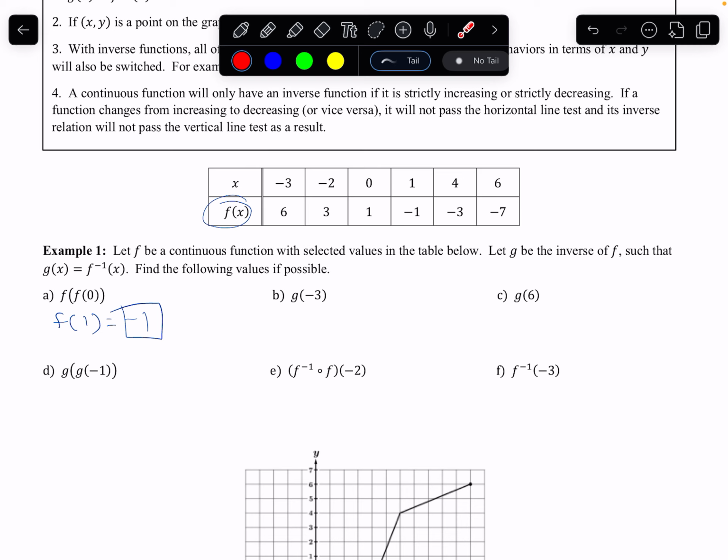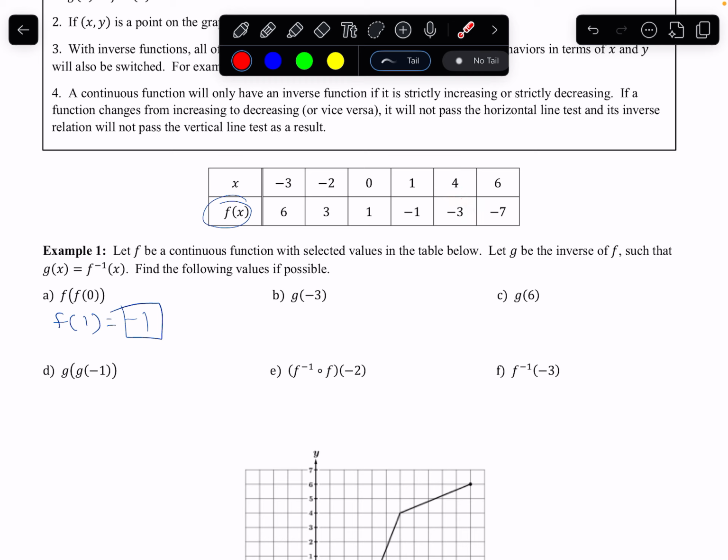So follow this logic. Here's what I'm going to do. I look at the f function, and I notice that if I put a 4 into the f function, a negative 3 comes out.